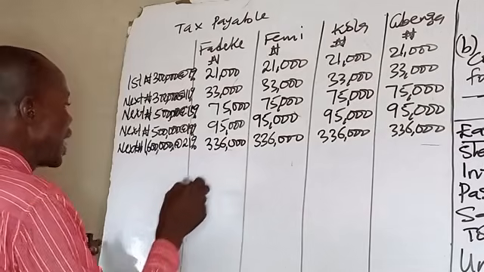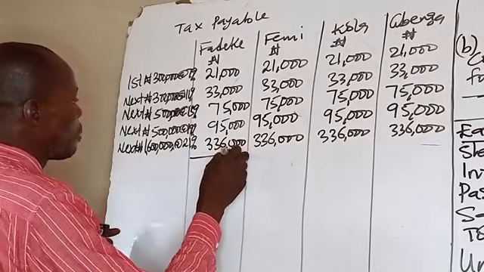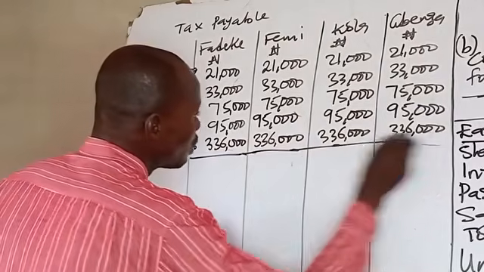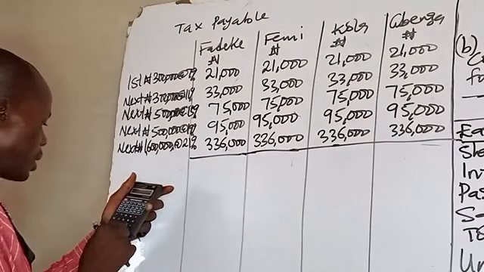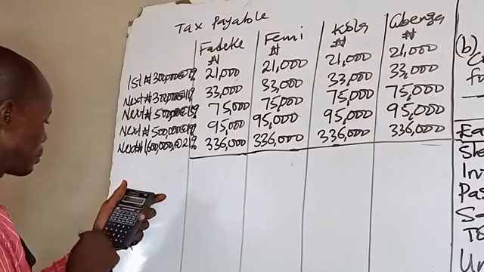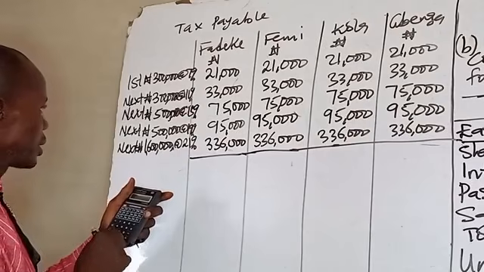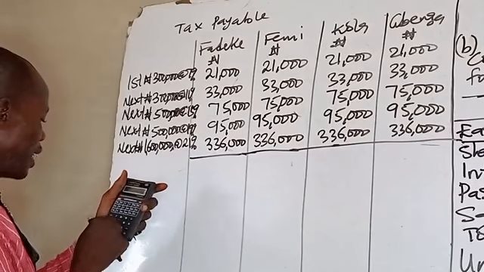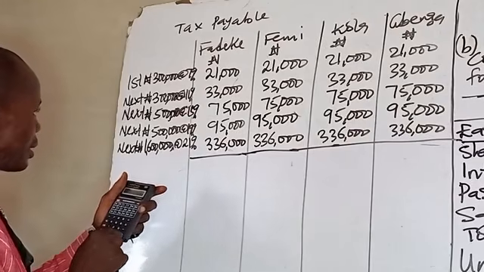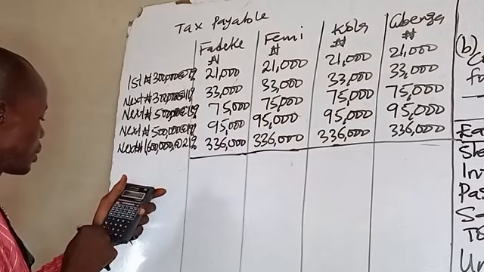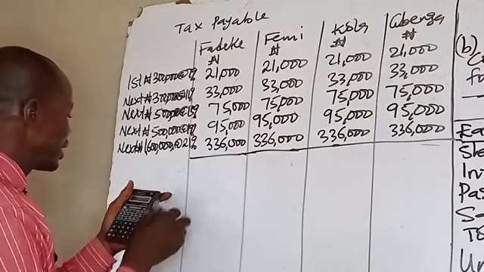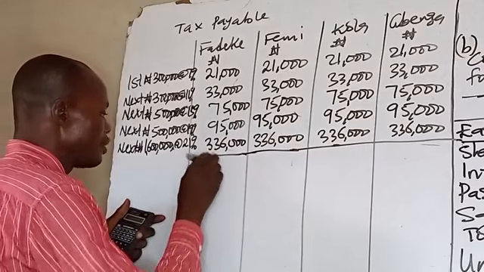Now, what has been taxed so far? Let's sum it up. What has been taxed so far is 3.2 million. 336,000 plus 95,000 plus 75,000 plus 33,000 plus 21,000. We have 560,000.